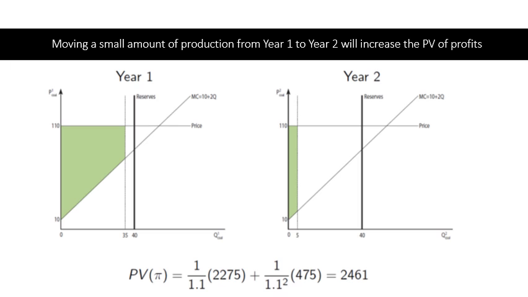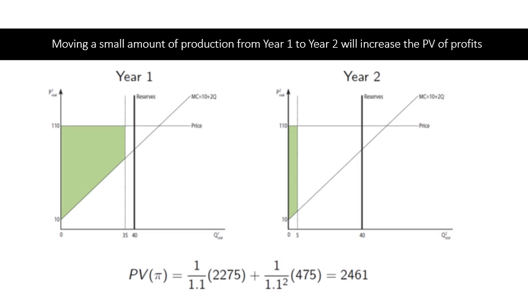Profits went up a bit by reallocating some production from year 1 to year 2. Can we do even better? We have 2,461 in profits with this allocation of production.